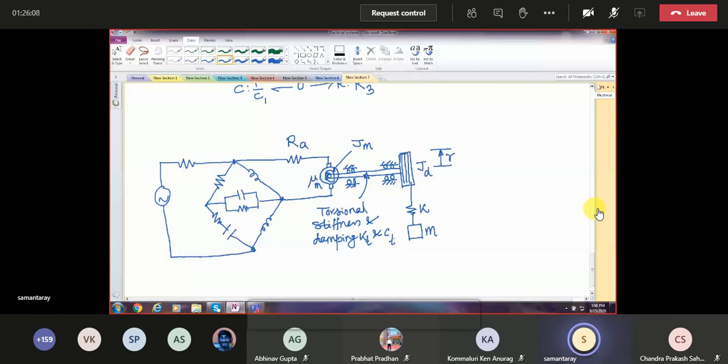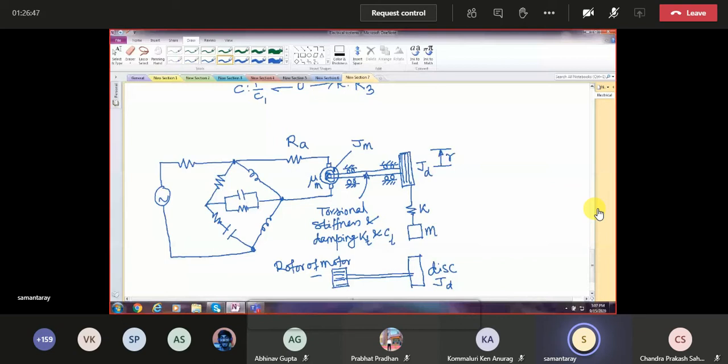So now I will talk about this rotor part. So what do we have? This is the disc, whose rotary inertia is JD. What is this part? This is the rotor of the motor. The motor has a stator, which is not moving, and the rotor has some rotary inertia, that is Jm.